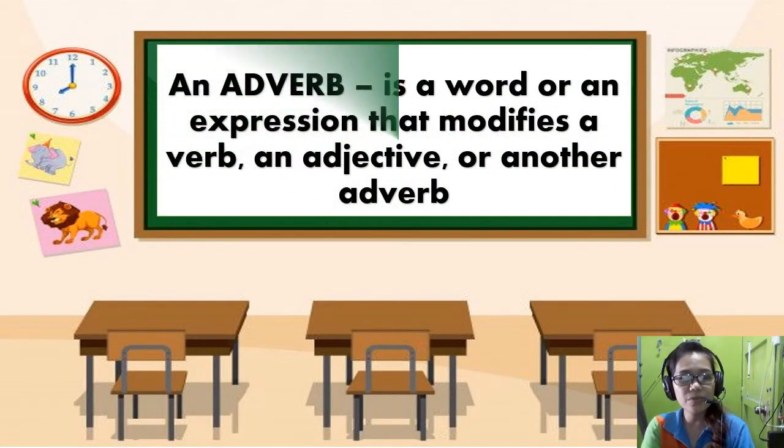An adverb is a word or an expression that modifies a verb, an adjective, or another adverb. Again, when we say adverb, an adverb is a word or an expression that modifies a verb, an adjective, or another adverb.